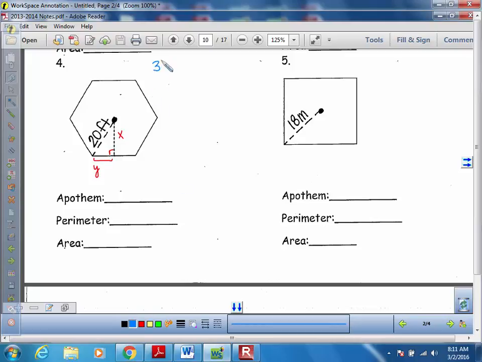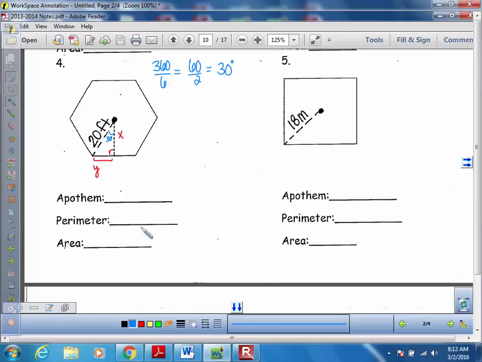So we're going to do 360 divided by the number of sides, and in this one we have 6 sides. So that would give me, not 120, it would give me 60. Then I would have to divide that by 2, which would give me 30 degrees. So this piece right here would be 30. So that is a 30, 60, 90 triangle.